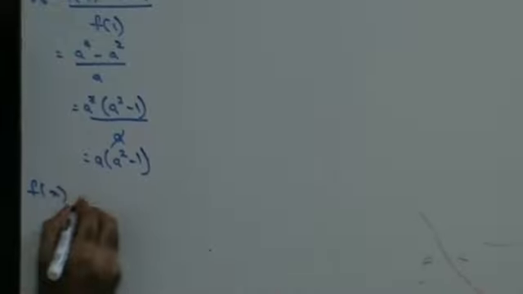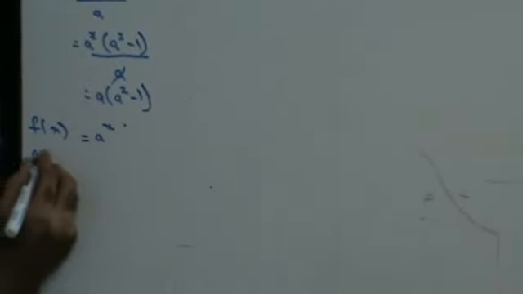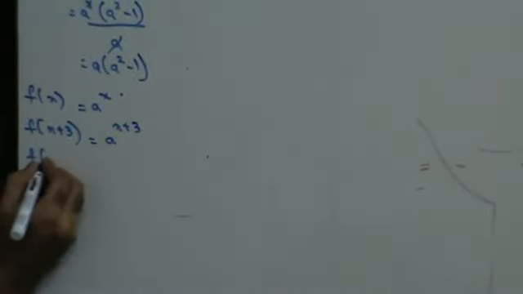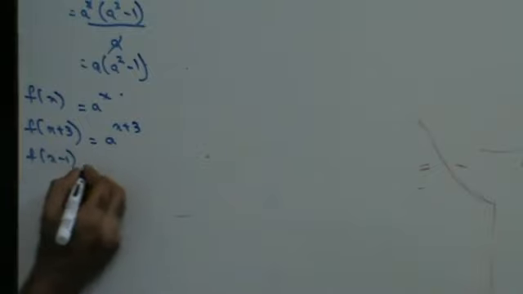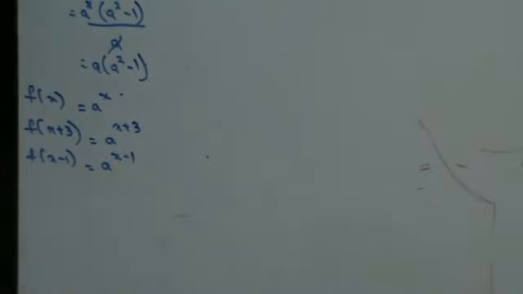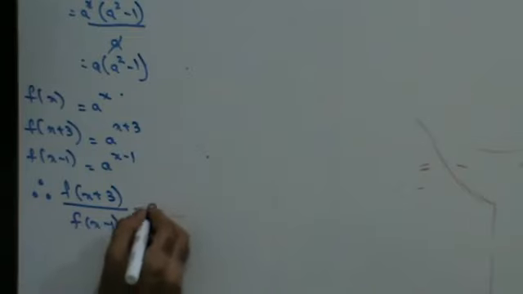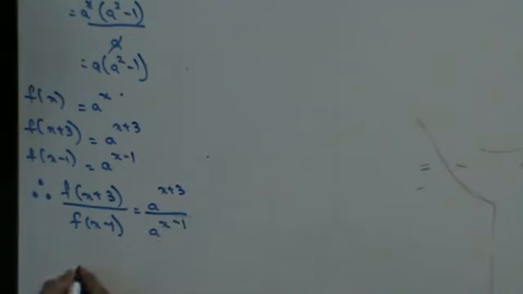Next, again f of x is a raised to x, so f of x plus 3 will be nothing but a raised to x plus 3, f of x minus 1 will be a raised to x minus 1. Therefore, f of x plus 3 upon f of x minus 1 will be a raised to x plus 3 upon a raised to x minus 1.